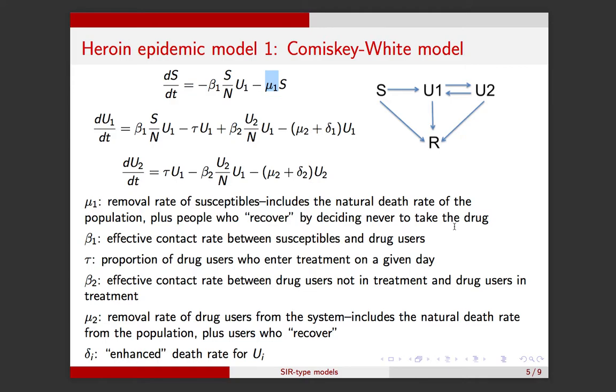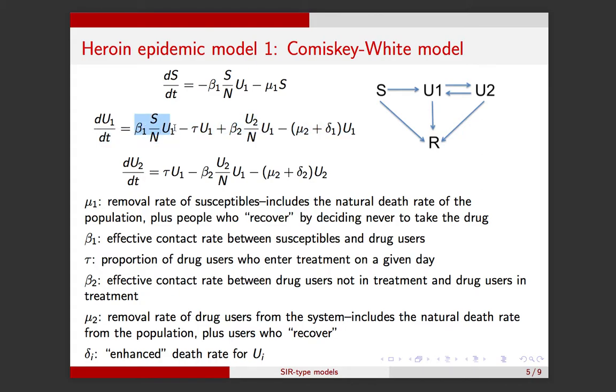So mu1 is just kind of a general rate of flow from S to R. The authors assume that that flow is not driven by contact between groups. This is more like the K parameter from the SIR model. It's just on a given day, some fixed proportion of susceptibles recover either by dying or by deciding not to take the drug.